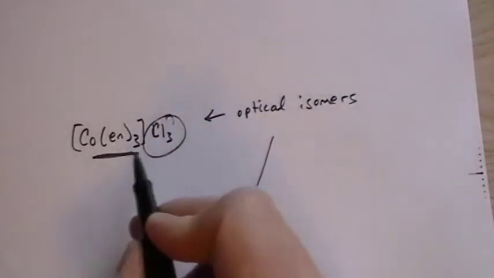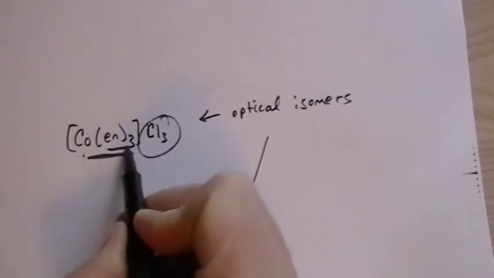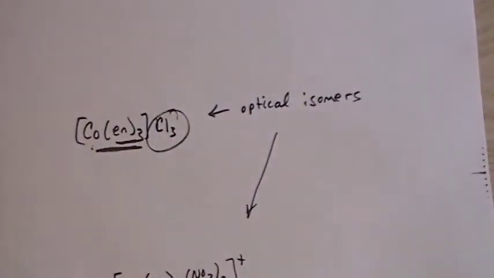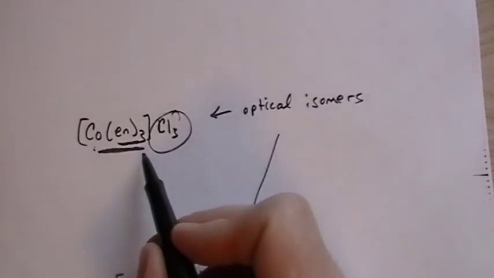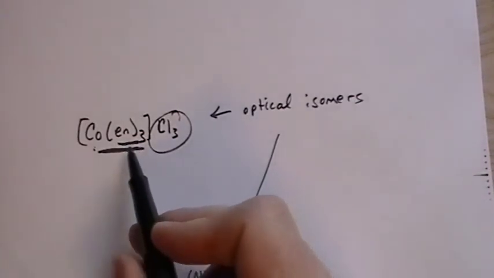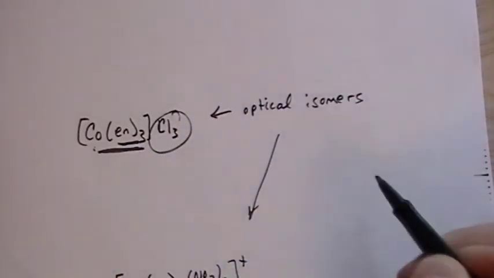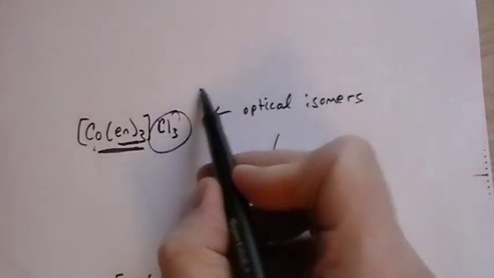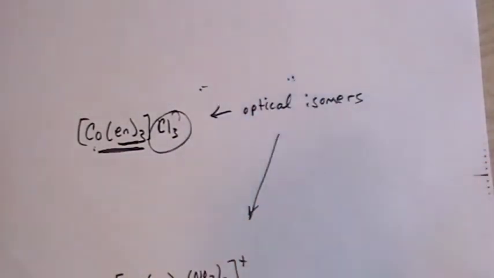It doesn't matter what the metal is. If you see a metal ion with this attached, then it is going to be optically active, and the mirror image is going to be an enantiomer. If a molecule and its mirror image don't overlap, then they are enantiomers. If they do overlap, then they're the exact same compound.